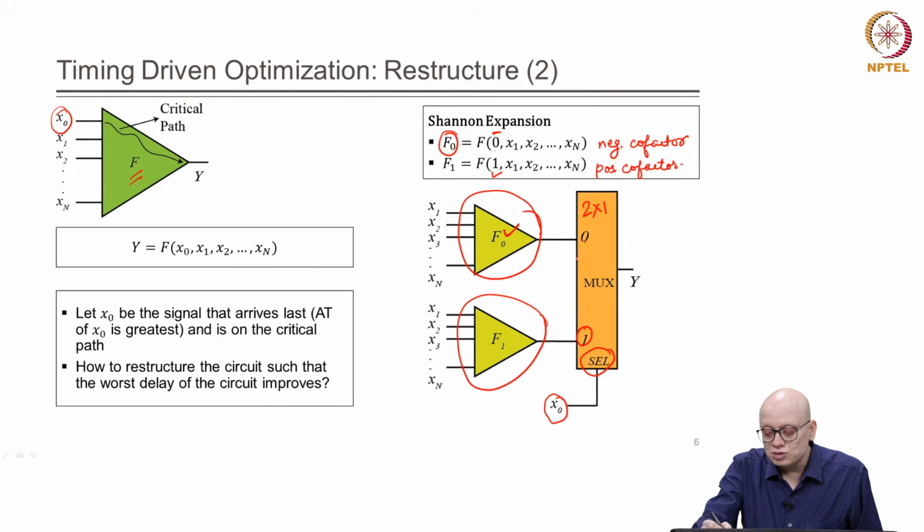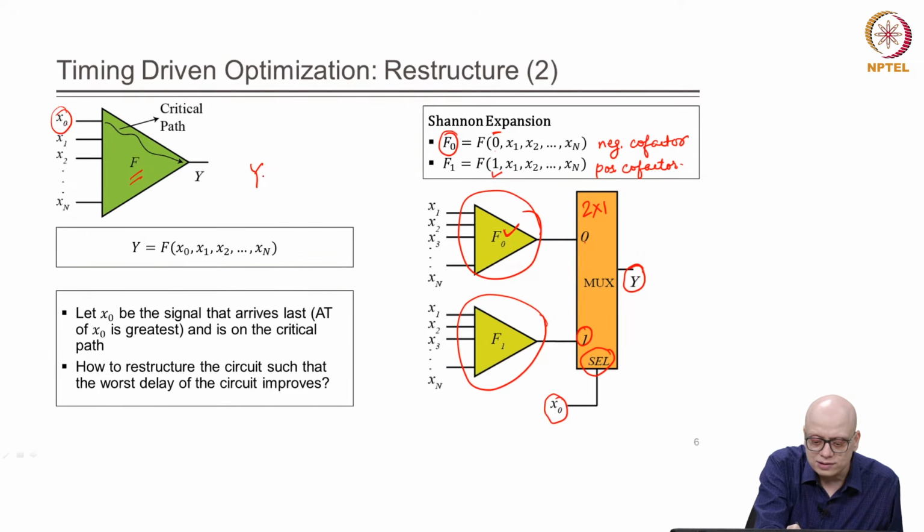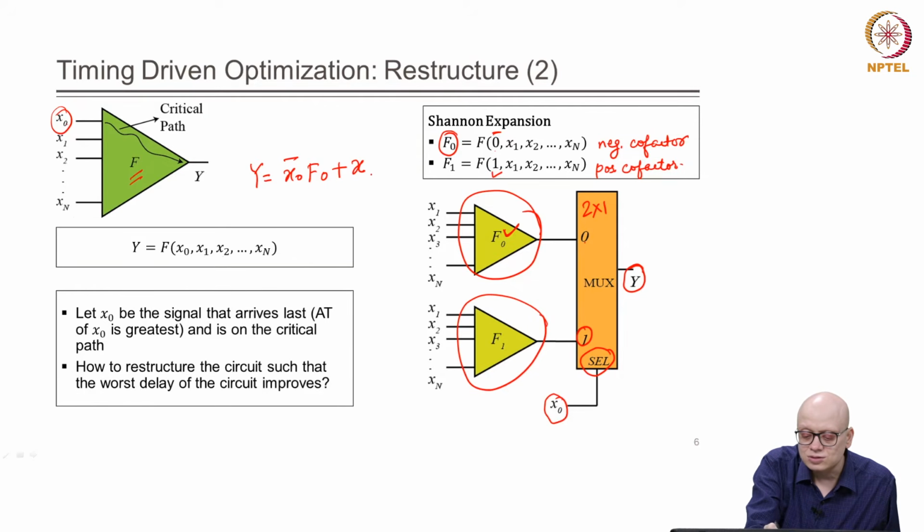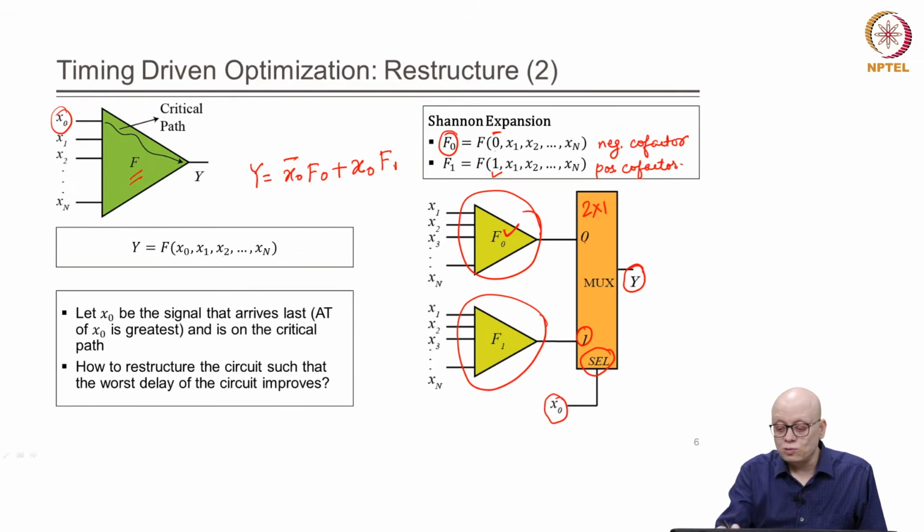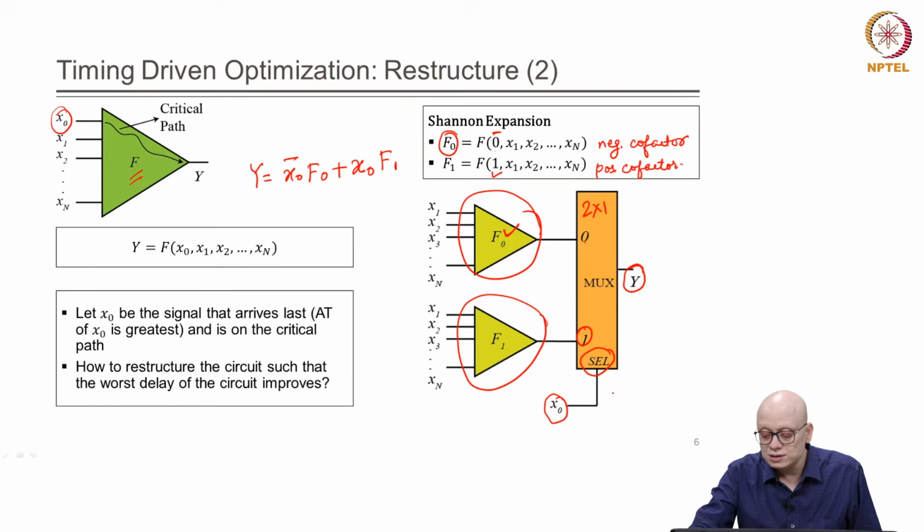The combined result of this selection is that y is nothing but y is equal to x naught bar f naught plus x naught f1, right. So, this is what this implementation is implementing, right.